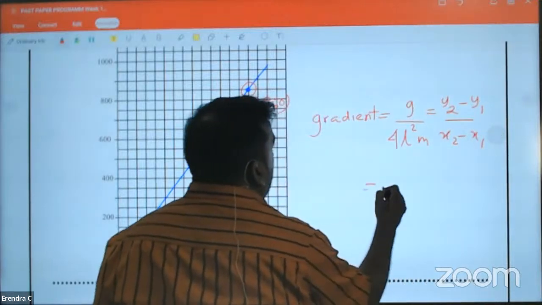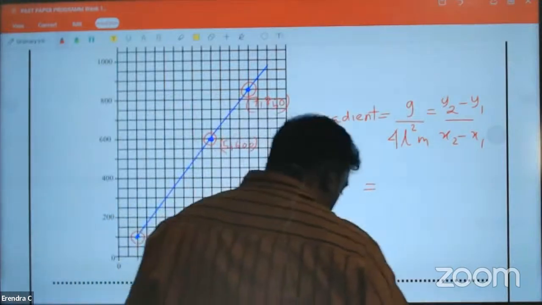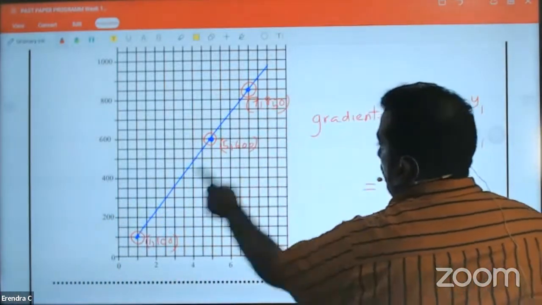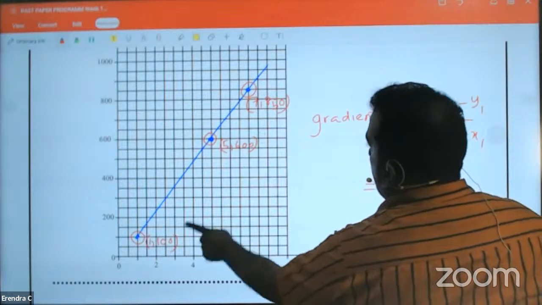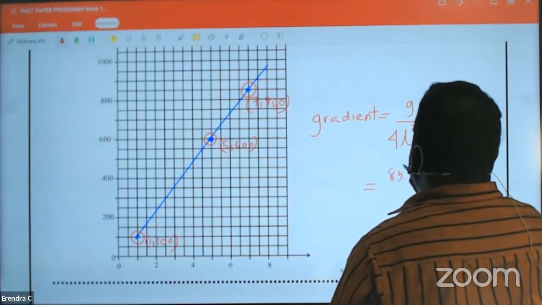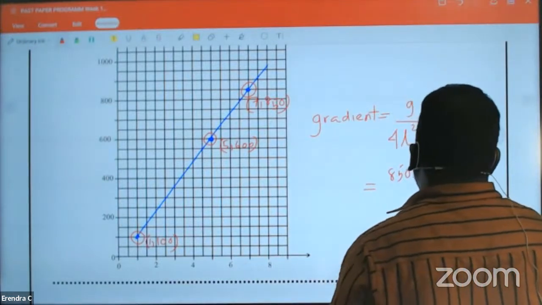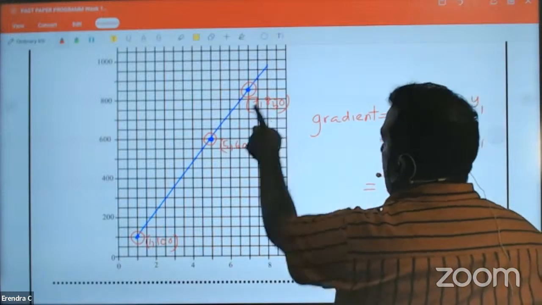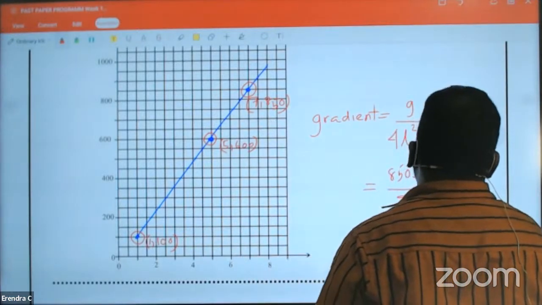That's how the gradient is found. I'll take two far off locations: y2 minus y1, 850 minus 100, divided by x2 minus x1, 7 minus 1.